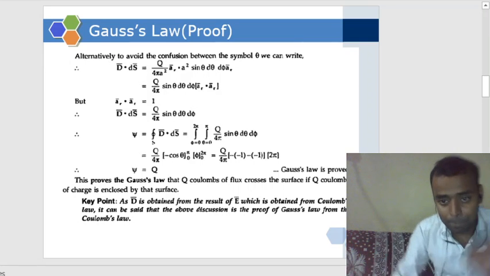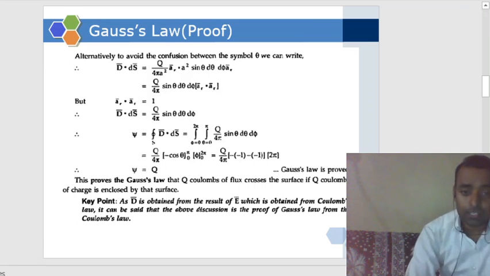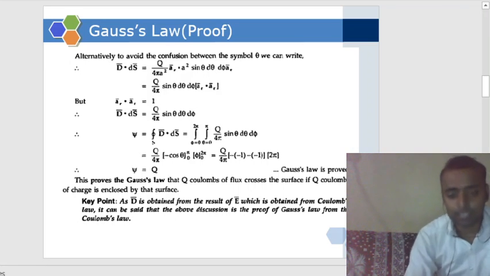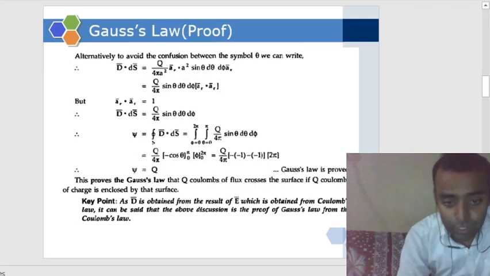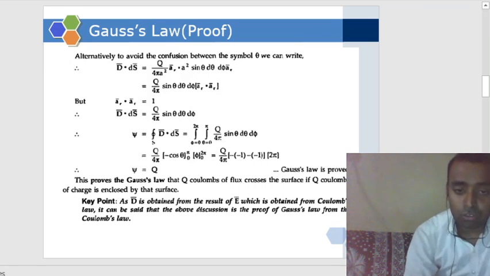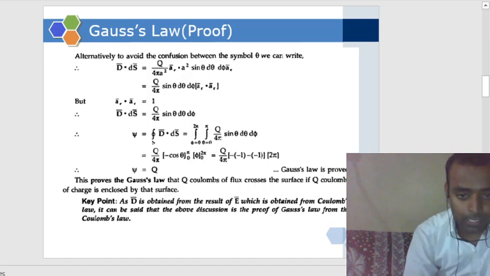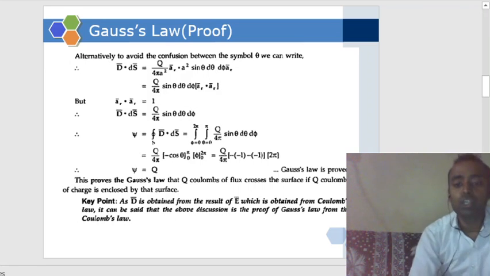Remember? Okay, so after this mathematical calculation, as you can see here in the slide also, it becomes psi, which proves Gauss law. It's simple: if we multiply D dot ds we get Q, the flux.